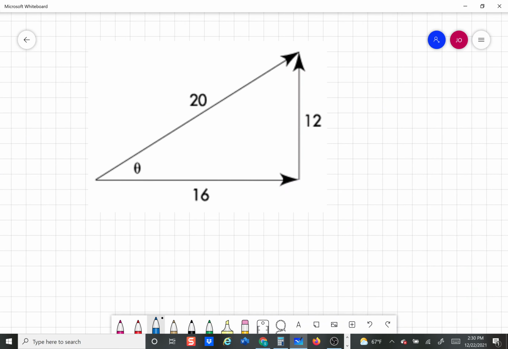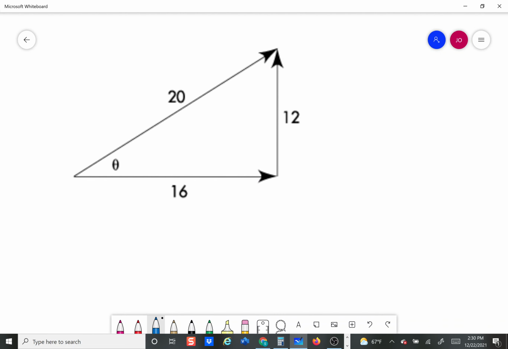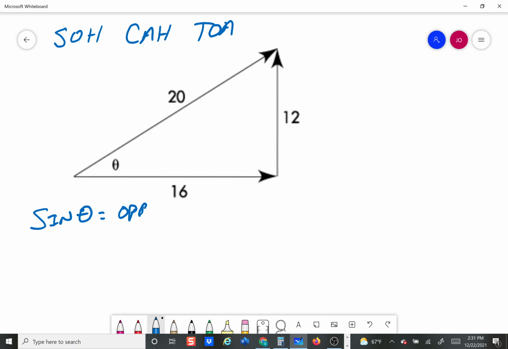Now, hopefully you guys learned some of this last year when you did trig in first year. Hopefully everybody remembers SOHCAHTOA. So I'll draw it up here. SOHCAHTOA. Where SO is sine of theta equals the opposite side over the hypotenuse.